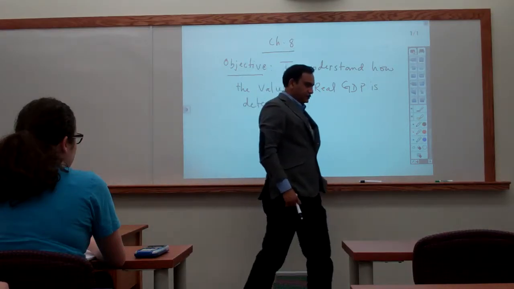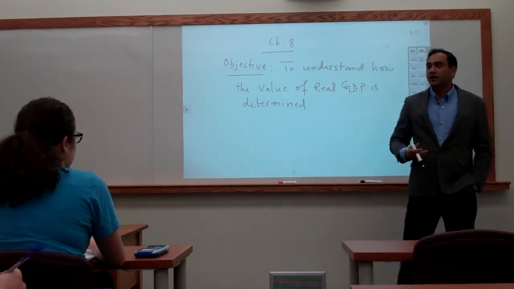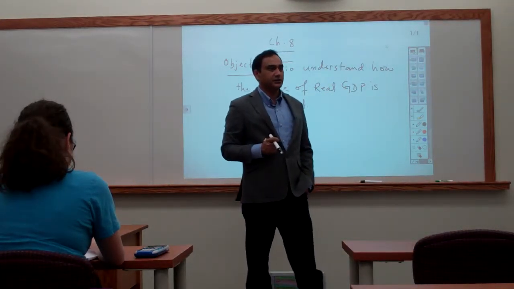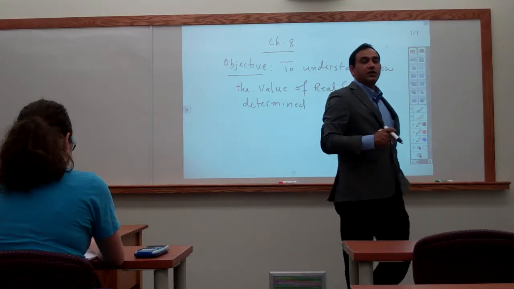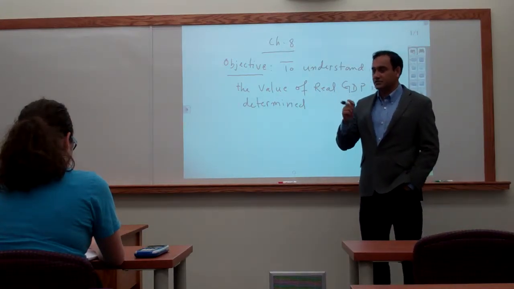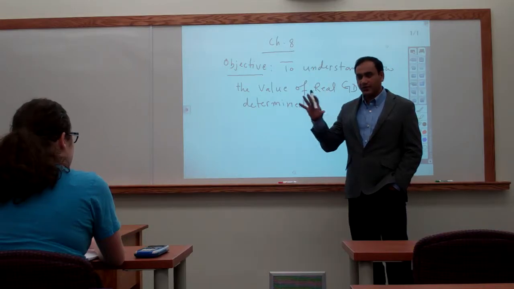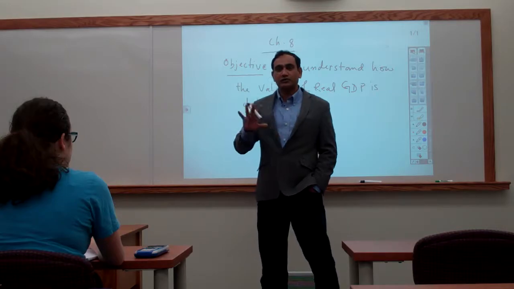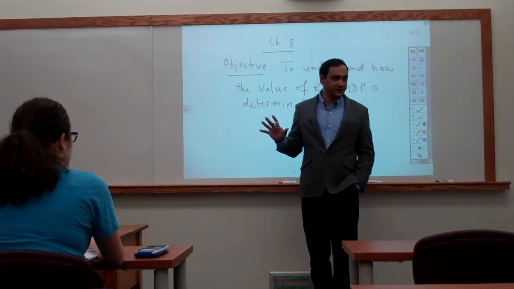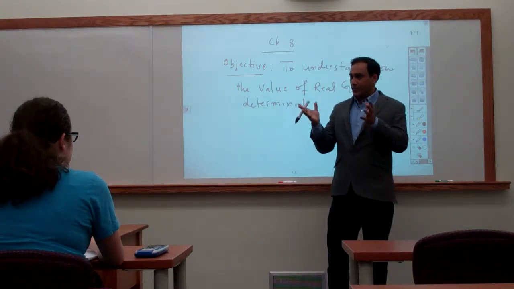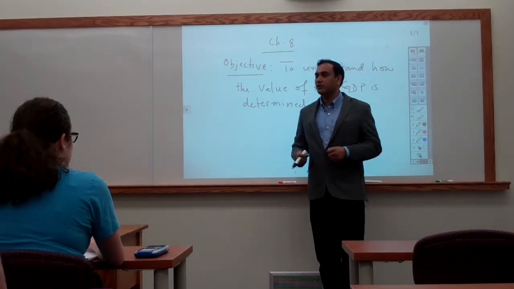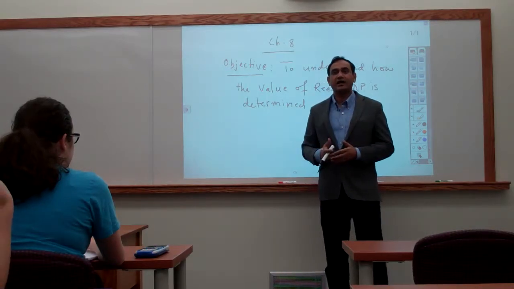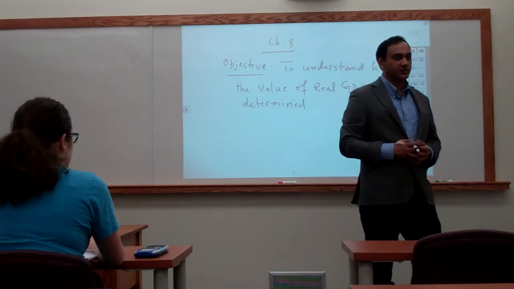So we'll start with a 2-sector economy, and we'll focus our interest only on the goods and services market. For the time being, forget about the money market, the labor market, and the foreign exchange market. Forget about the other sectors, government and the foreign sector. We'll add those later on. Once we develop our simple model, we'll add government, we'll add the foreign sector, we'll add other markets. But first we have to understand how the value of real GDP is determined in an economy.